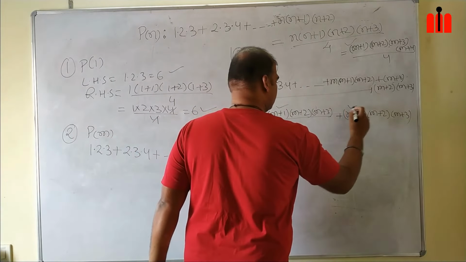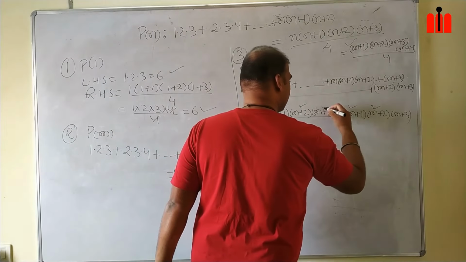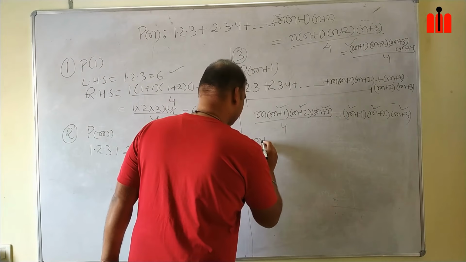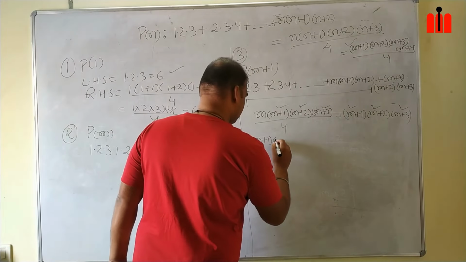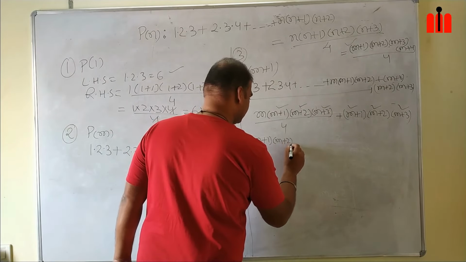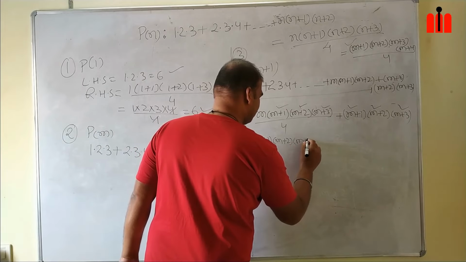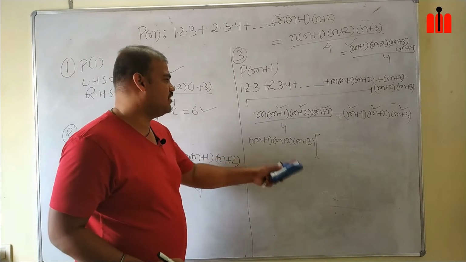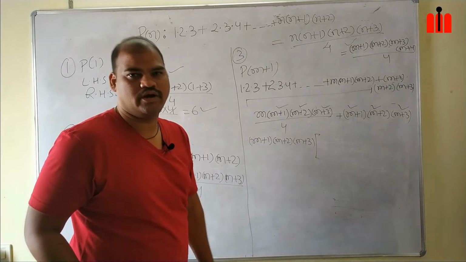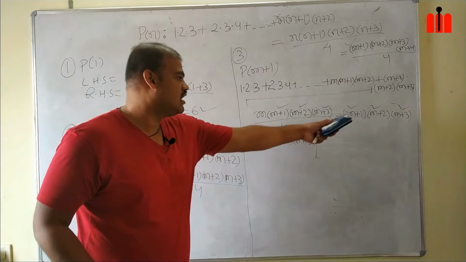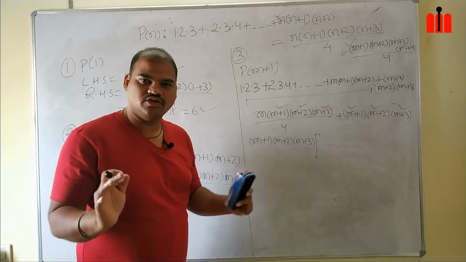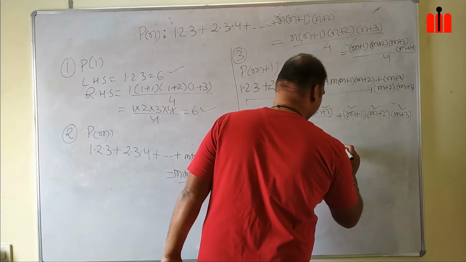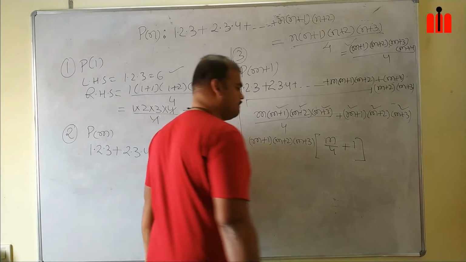M plus 1 is common, M plus 2 is common, M plus 3 is common. So let's take all these three terms out: M plus 1, M plus 2, M plus 3. Here you are left with M by 4 and in the next term you are left with 1. So it will be M by 4 plus 1.